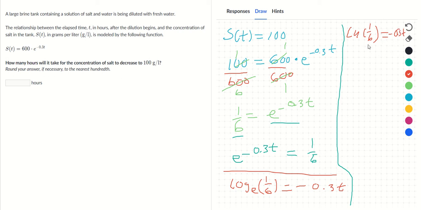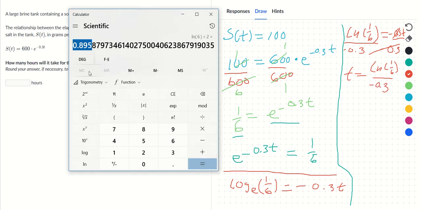Okay, so now here you can just divide both sides by negative 0.3. This will be eliminated, and you're going to have t equals the natural logarithm of 1/6 divided by negative 0.3. Then here you can just use a calculator. 1 divided by 6 is this.